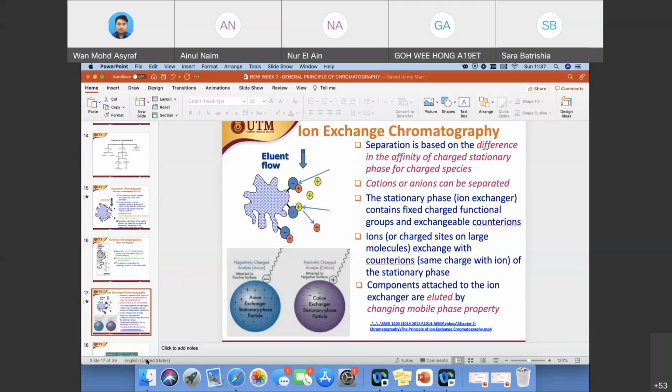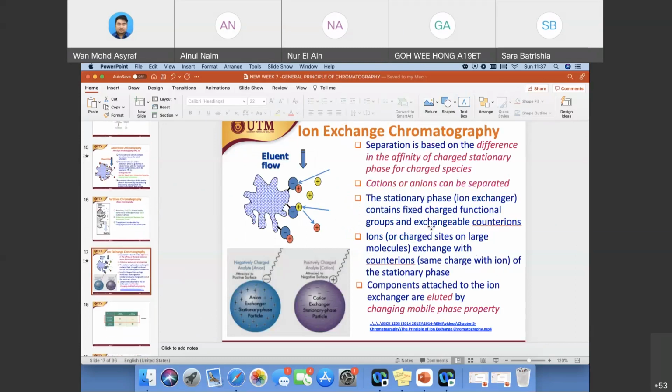So this is ion exchange. By its name, the separation depends on the affinity of the charged stationary phase and the charged species. The stationary phase here is not just silica, and it is not just fighting for active sites. It is based on the charge of the stationary phase.